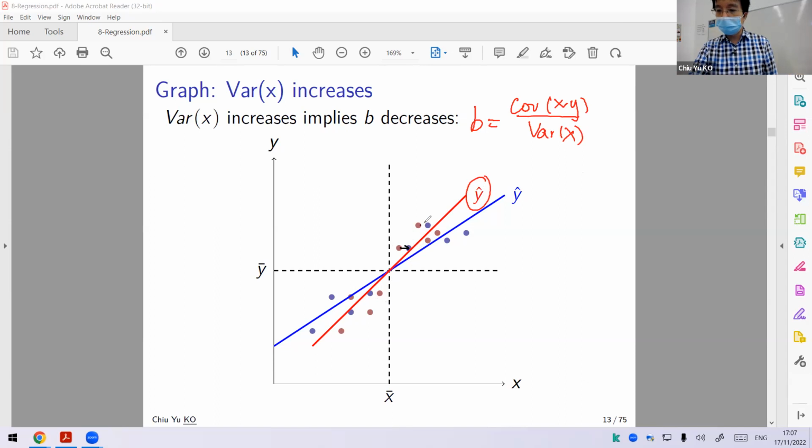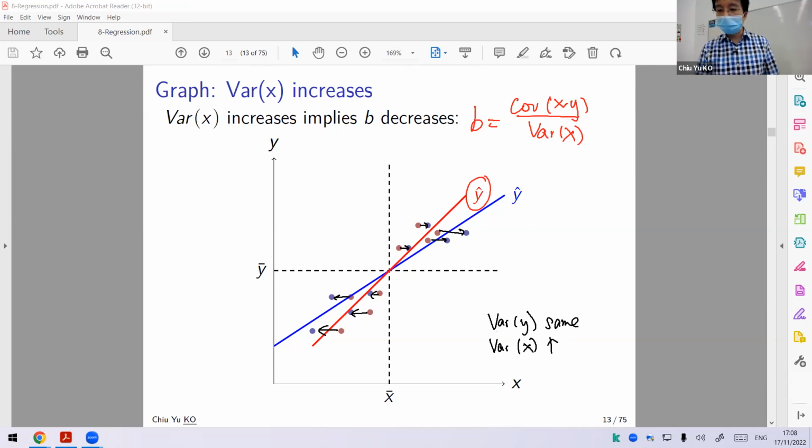Just moved a little bit away. Here I maintain the variance of y the same, right? The y is the same because the vertical distance is the same for each one, right? Same. But I have a variance of x that goes up.